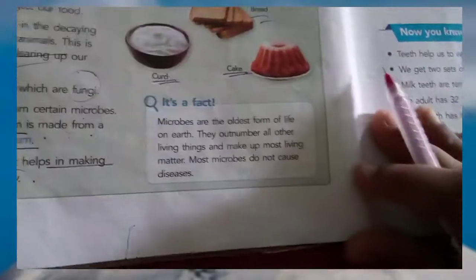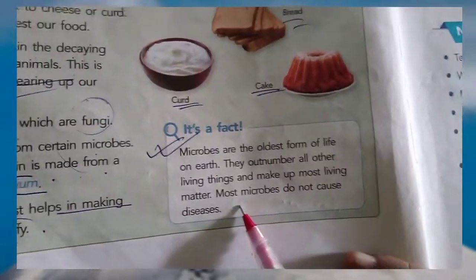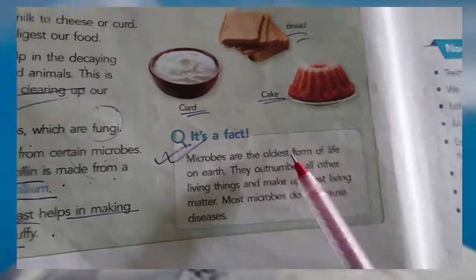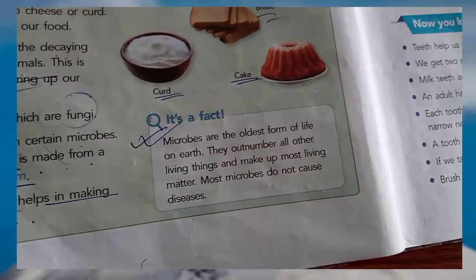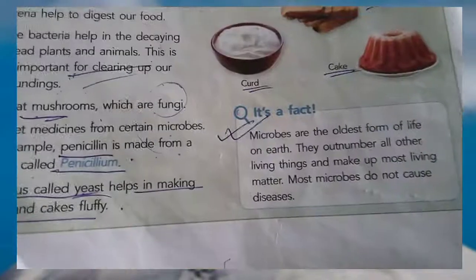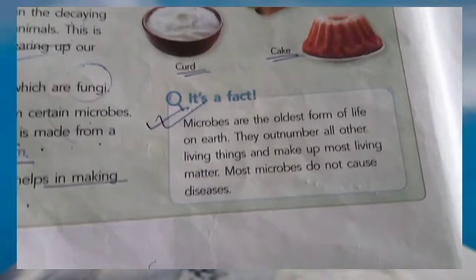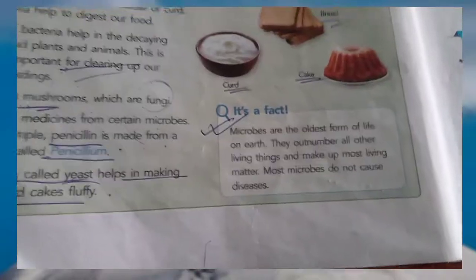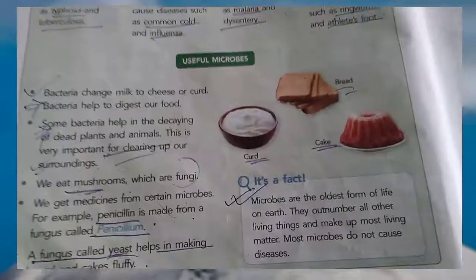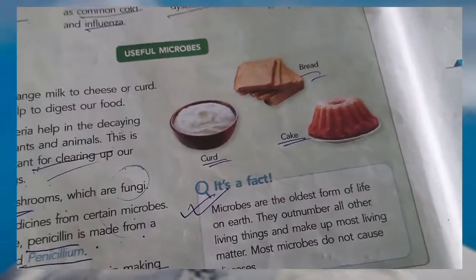Now let us read this fact. Microbes are the oldest form of life on earth. You have to learn this. It's very important for learning. It can come in the exam. They are the oldest form of life on earth. They outnumber all other living things, and are made up mostly of living matter.